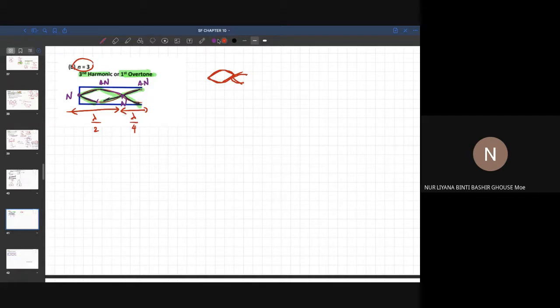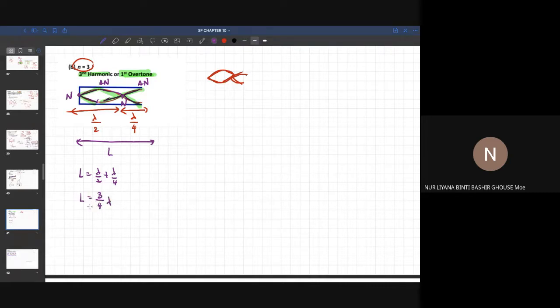Lepas itu sekarang kita nak check untuk total L, daripada hujung sini sampai ke hujung sini. So L akan equals to lambda over 2 plus lambda over 4. So L yang kita akan dapat adalah L equals to 3 over 4 lambda.